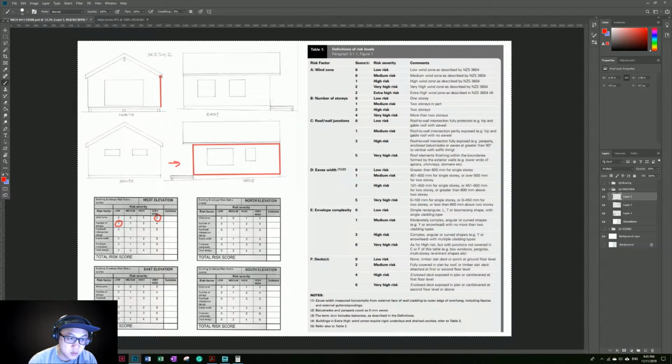So that's the point they're asking about. And so roof intersection, it's fully protected by the eave. Even though it's not that long, it's still protected. So I would put a 0.